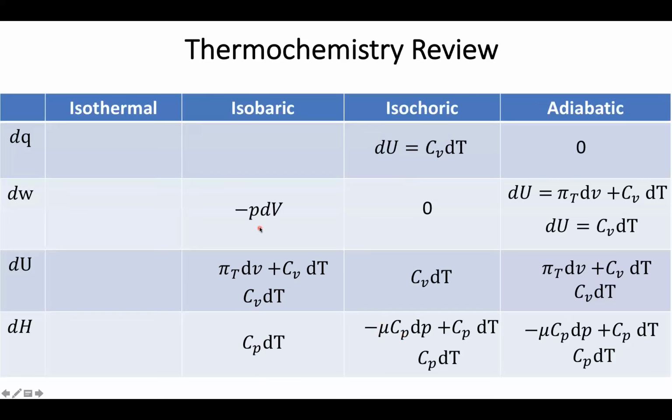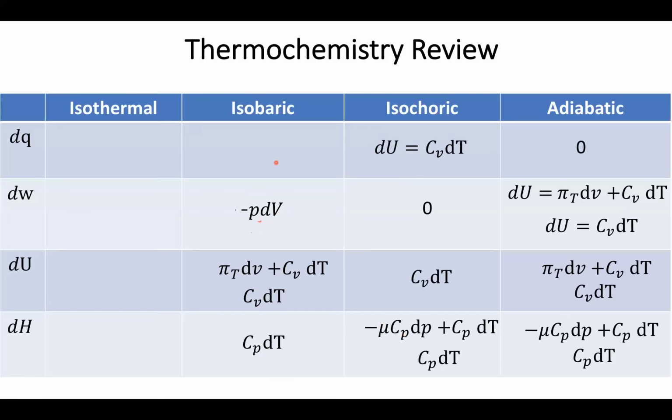Now, we do get an extra little freebie under isobaric conditions, and that's that our external pressure now has a single concrete value and no volume dependence. So we also love this, as it makes this integral rather straightforward, as it really is just negative P delta V. So again, wonderful work behavior under isobaric conditions.